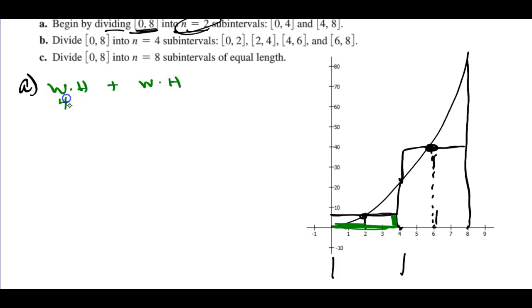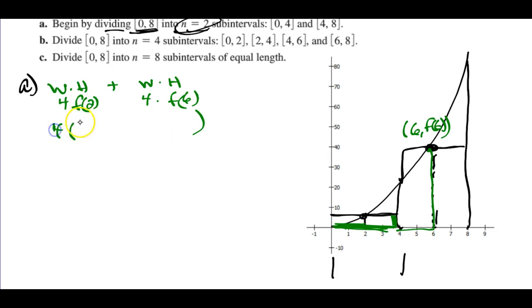The width here is 4, and the height is the function evaluated at 2 units. Then 4 times the function evaluated at 6, so 6 comma f of 6. Of course, I could just factor out the 4 to make this easier. And then these are all my heights.